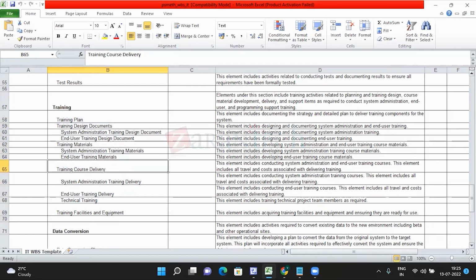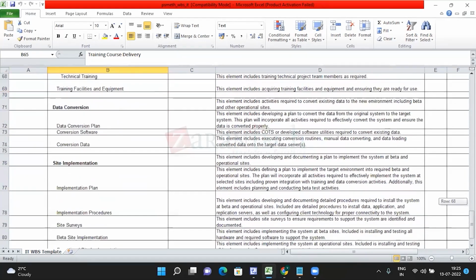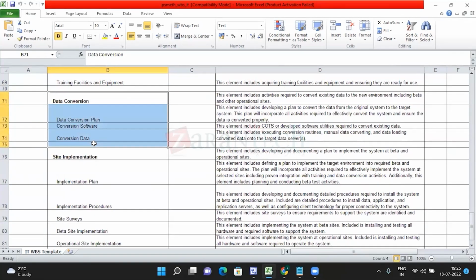Training delivery, training facilities. If there is any data conversion, say for example, the data given in the database is in a different format. The data given by the client is in some format, and the data accepted by your system is in a different format, as in data migration projects.